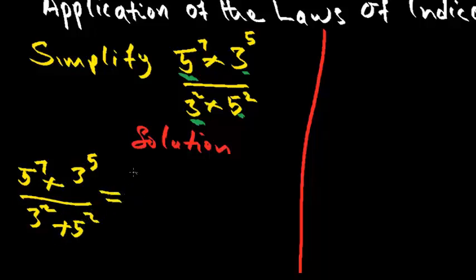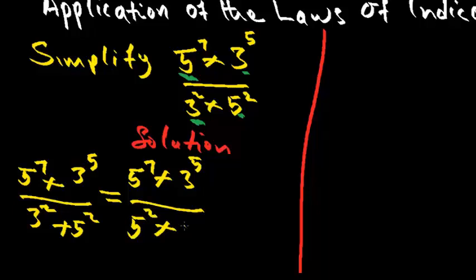So this is equal to 5 exponent 7 times 3 exponent 5. At the denominator side, we are also bringing 5 exponent 2 first, so that they will be in order. So we are writing 5 exponent 2, then times 3 exponent 2.